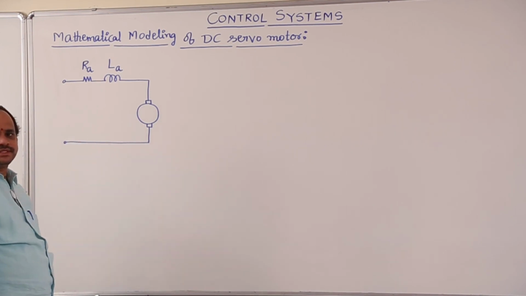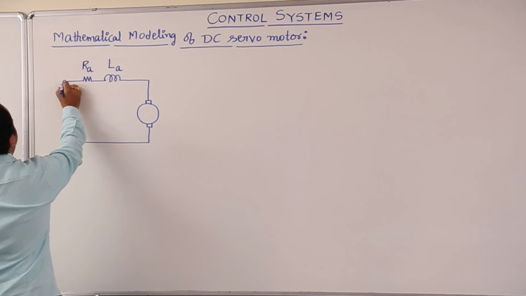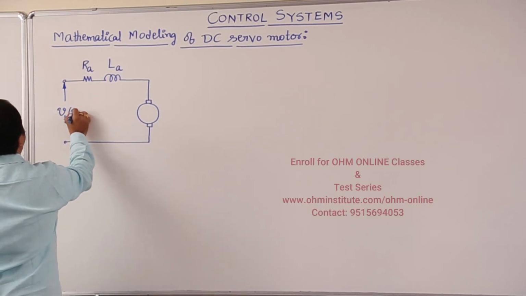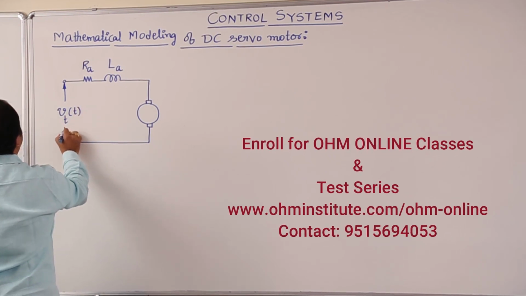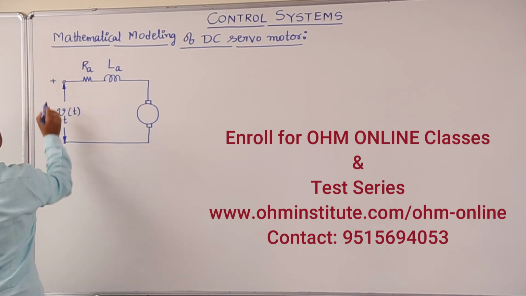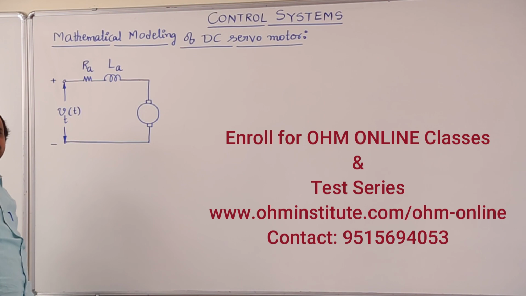Inductance is denoted with the symbol La. The terminal voltage given to it can be represented with the symbol Vt of t. This is basically DC voltage from some external power source.